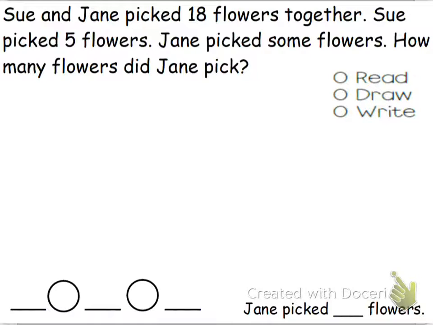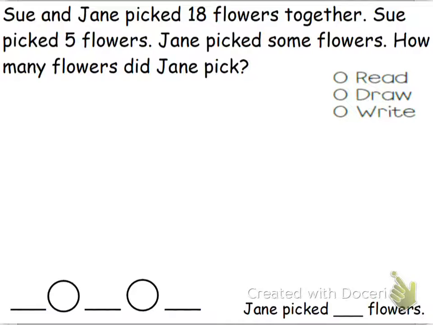So now, looking at this, let's just think about what's happening here. We know that Sue and Jane picked 18 flowers together. Sue picked 5 of those 18. And Jane picked some of those 18. Okay, so it's kind of like she picked the rest. How many flowers did Jane pick?